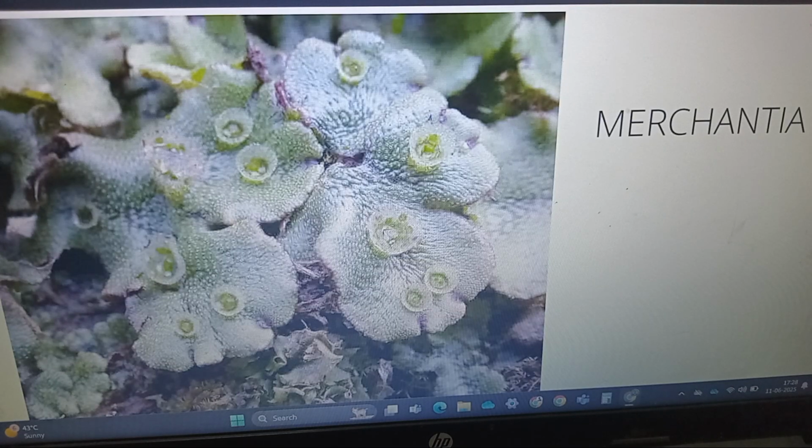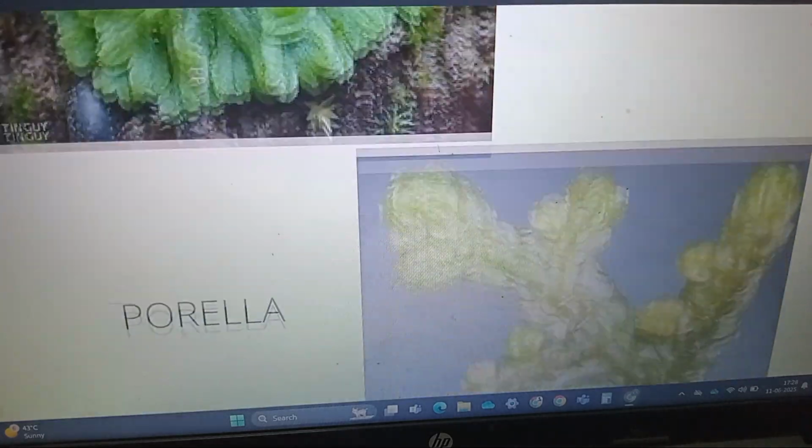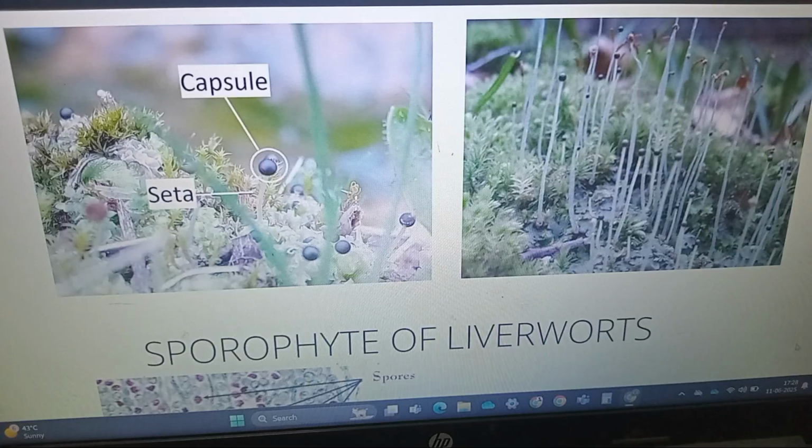They would undergo fertilization, which needs water for antherozoids to swim towards the archegonium and fuse with the egg, and that zygote will go on to produce a structure called the sporophyte.